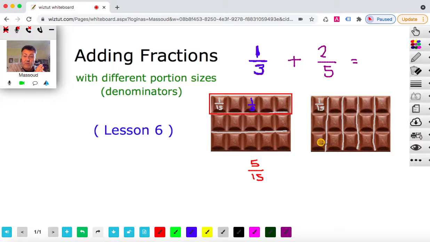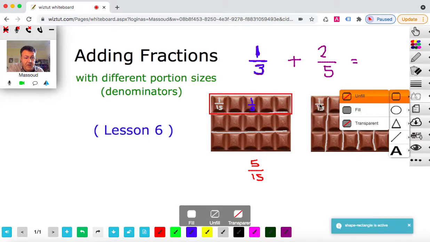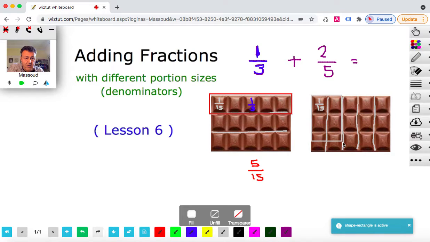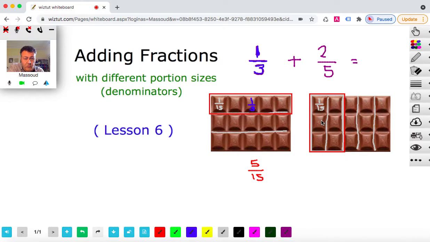It would be 1 out of 5 pieces. So if I select 2 of them, and I'm going to select these 2, let's make it red. If I select these 2, then that would be 2/5. But as you can see, it's 1, 2, 3, 4, 5, 6. So 6/15ths is in fact the same as 2/5.